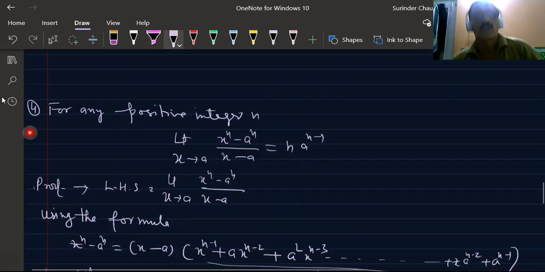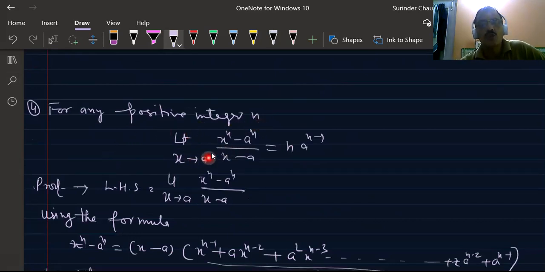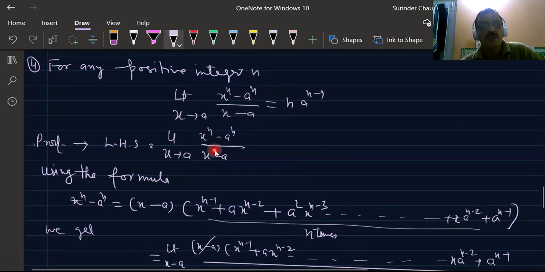The next is, for any positive integer n, the limit as x tends to a of (x raised to n minus a raised to n) upon (x minus a) is equal to n times a raised to n minus 1. Here again we take the left hand side using the formula for x to the n minus a to the n, which is x minus a times (x to the n minus 1, plus nC1 a times x to the n minus 2, plus a squared times x to the n minus 3, and so on).